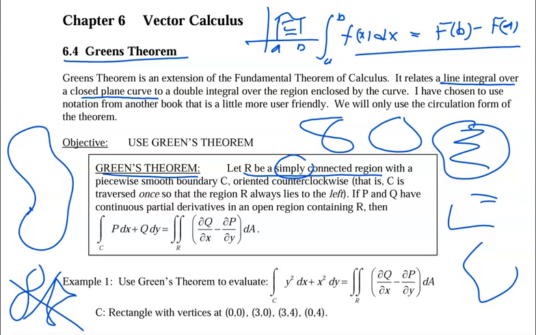All right, so that kind of space, a simply connected region with a piecewise smooth curve. If your curve goes counterclockwise, that's positive. If it is clockwise, you just have to multiply by negative, so make it counterclockwise. Okay, and if P and Q have continuous partials, so this is a P, this is a Q over here.